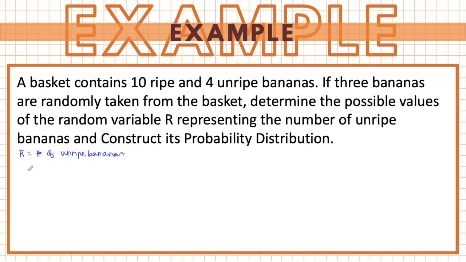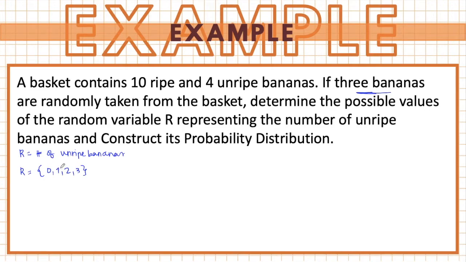And then, identify the values of random variable R. So, the values of random variable R are 0, 1, 2, and 3. So, bakit 0, 1, 2, and 3? It is possible na kapag kumuha tayo ng 3 bananas, it is possible na lahat na makuha natin ay ripe. Okay? So, that will be 0 unripe.